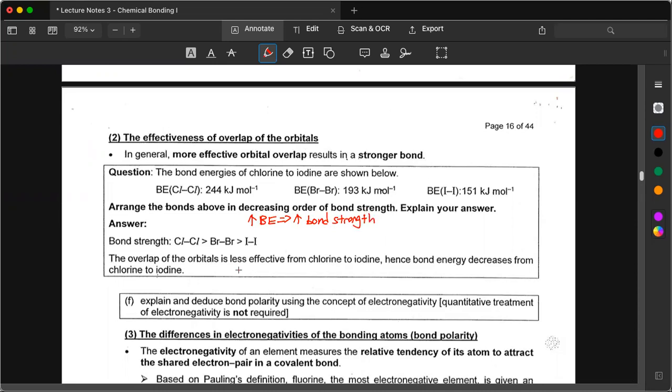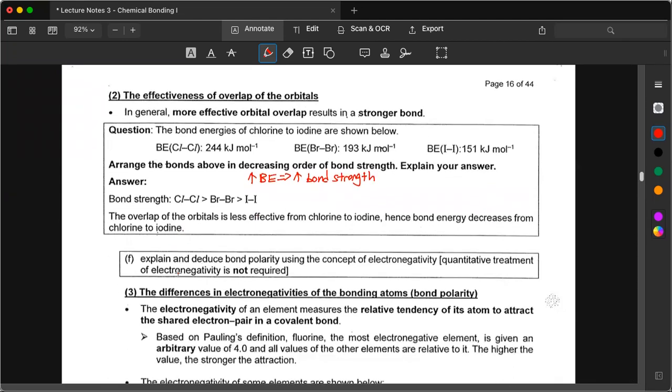Because from chlorine to iodine, the overlap of orbitals will become less and less effective. So the bond energy decreases from chlorine to iodine. It has to do with the atomic size. Iodine is quite big, so the overlapping is not so effective.